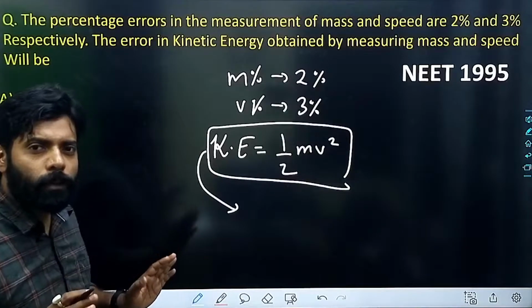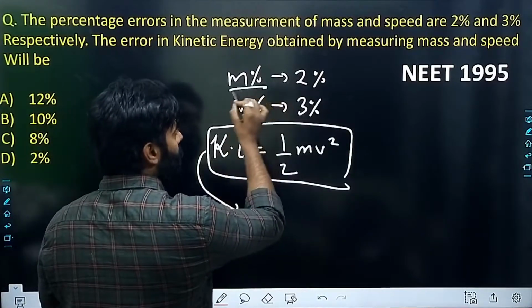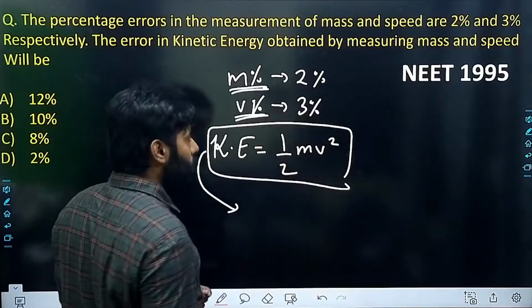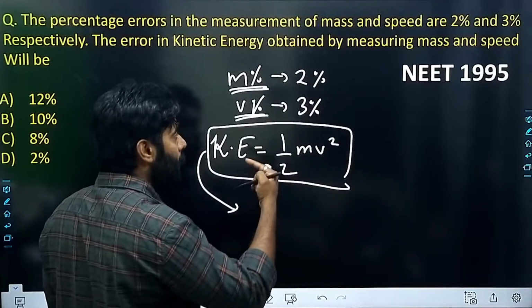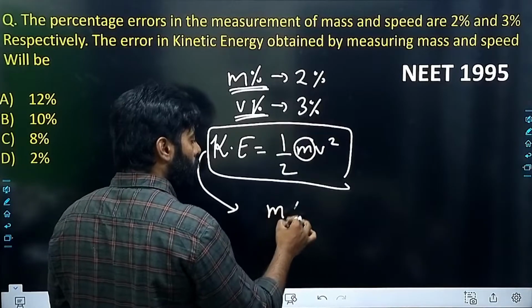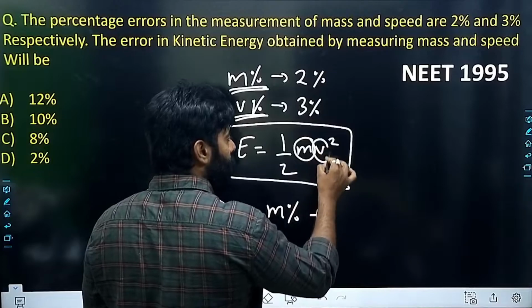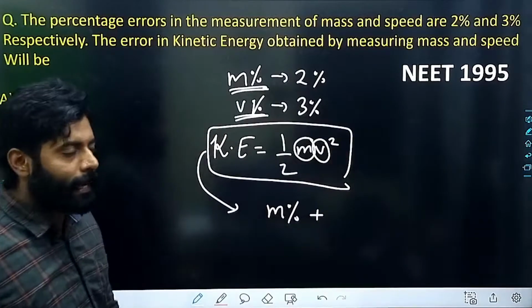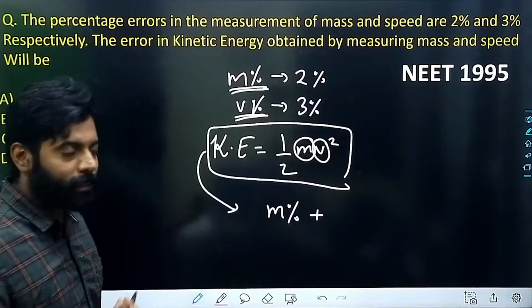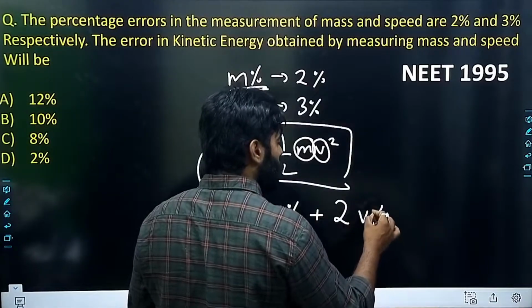This is very simple. You just need to add the errors in percentage, the error percentage in mass and velocity. So if I look at the power of mass here, that is only 1. If I look at the power of velocity here in the formula of kinetic energy, I am getting 2. So what I need to write here? 2. So it is 2v%.